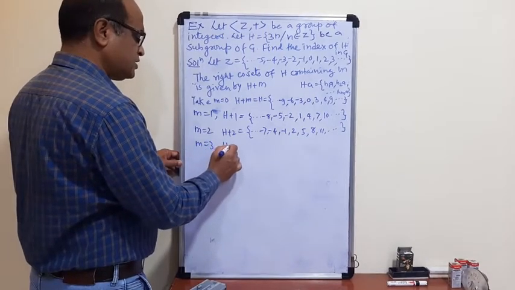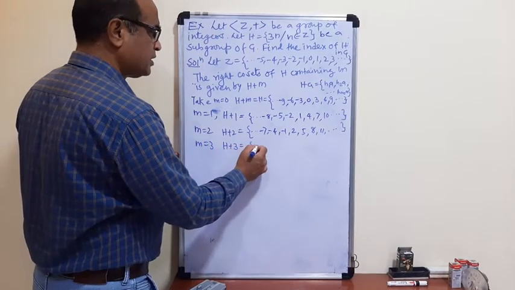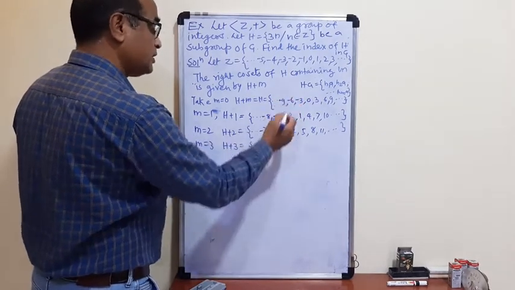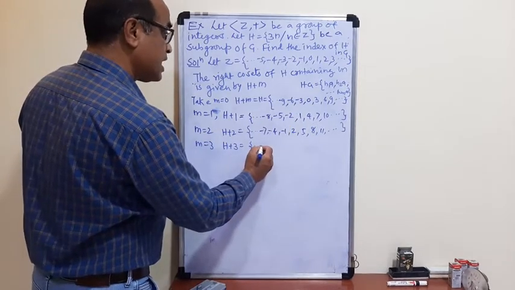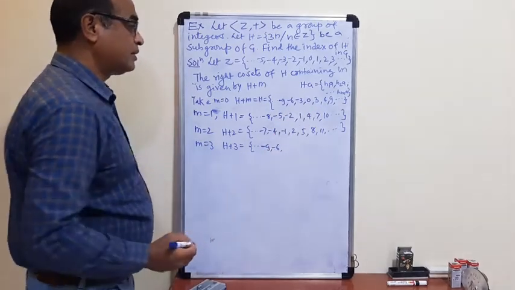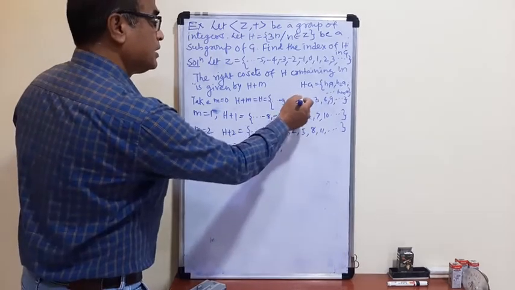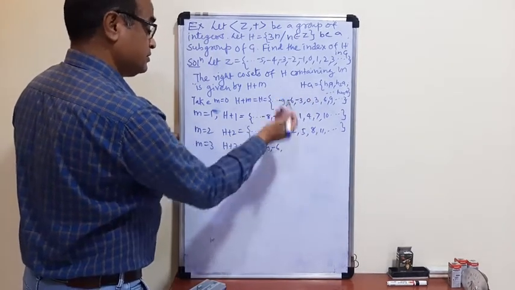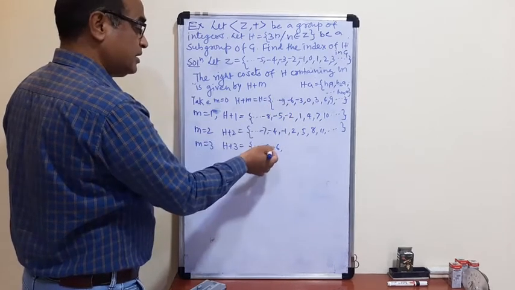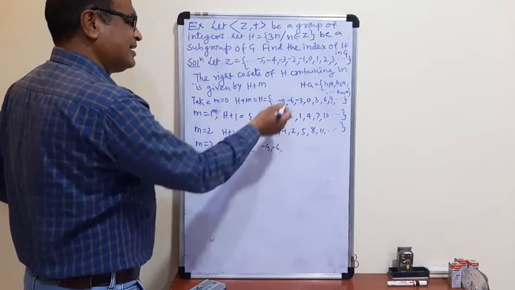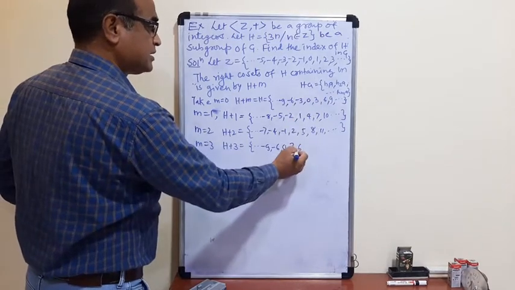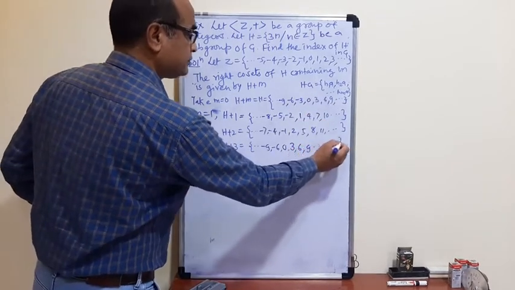Then another right coset, H plus 3: add 3 to each element. Minus 9 plus 3 is minus 6, then 0, 3, 6, 9, and so on.